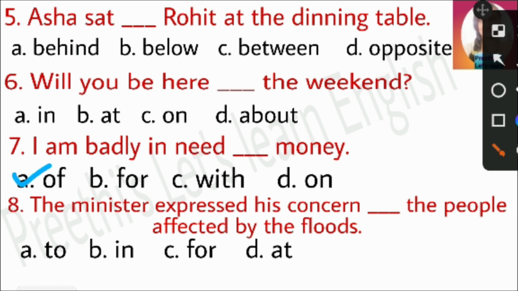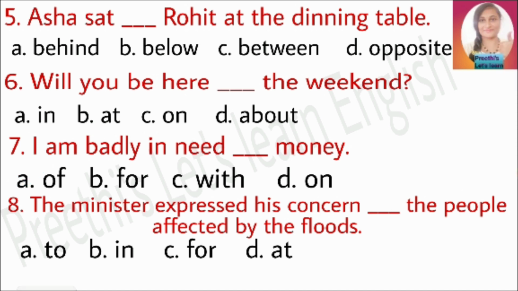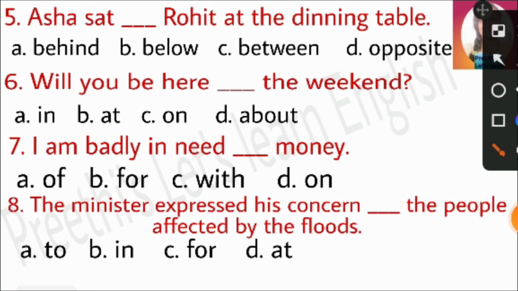Next, eighth one, the minister expressed his concern blank the people affected by the floods. So here concern to we can use, concern in we can use, concern for we can use, concern at we can use, but according to the subject. So when we use concern, in is used when we are talking about business matters, concern in some business matters.